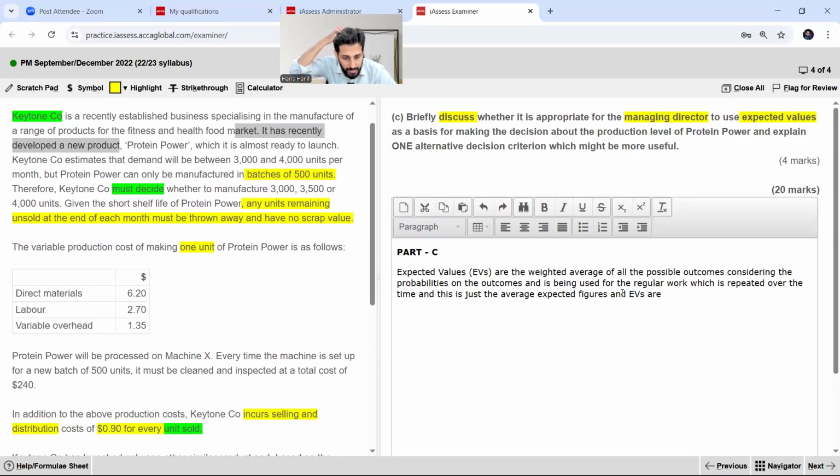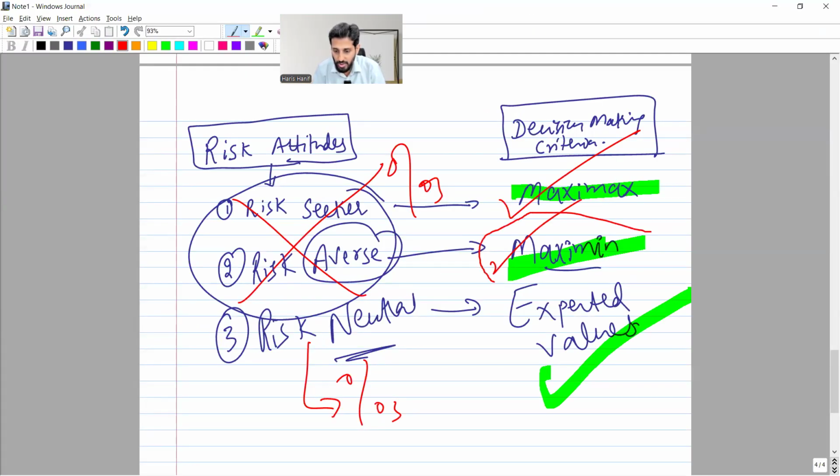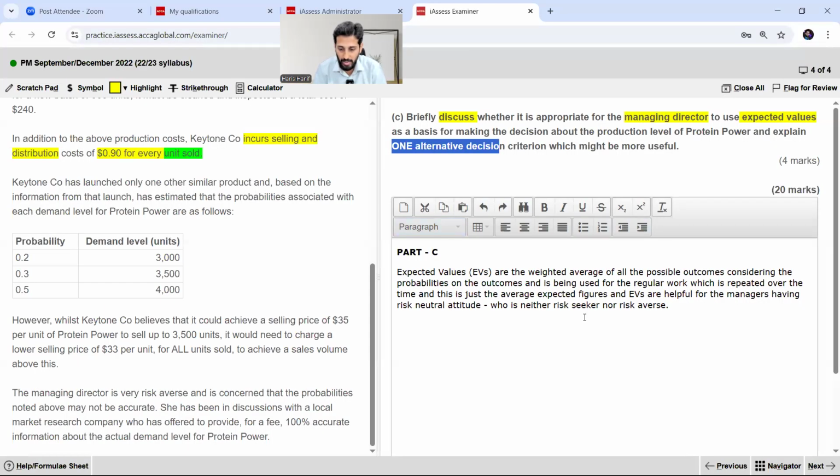EVs are helpful for managers having a risk neutral attitude, who is neither a risk seeker nor risk averse. I have written it down. But the managing director is risk averse, so definitely you have to choose one alternative decision. And for the risk averse, she would be applying the maximin decision making criteria.